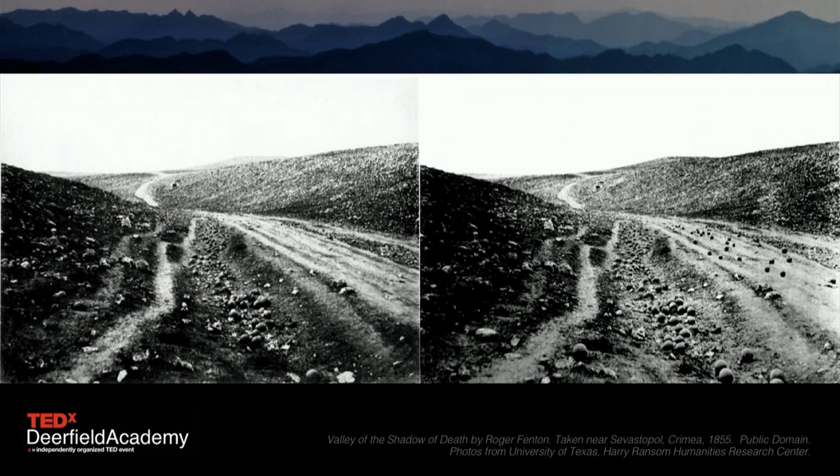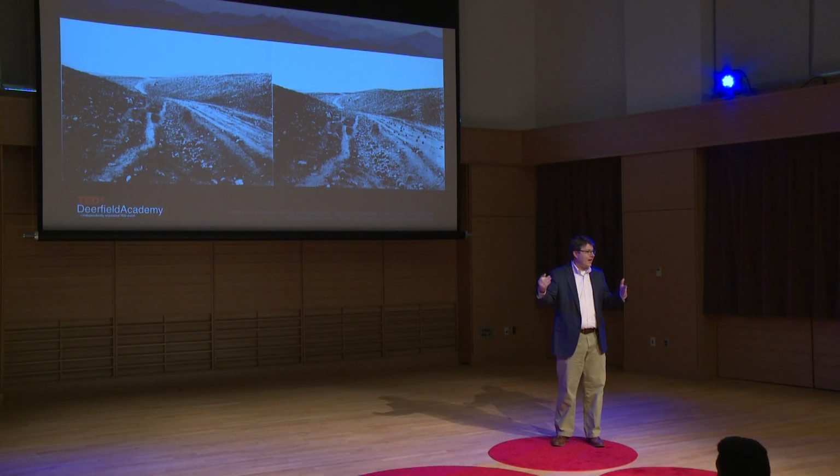These are two photos that illustrate how a lack of time's arrow can confuse us. The photo on the right was published. It's called The Valley of the Shadow of Death. It was taken during the Crimean War, and it is considered the first photograph of war. As you can see, these two photos were taken at basically exactly the same time.